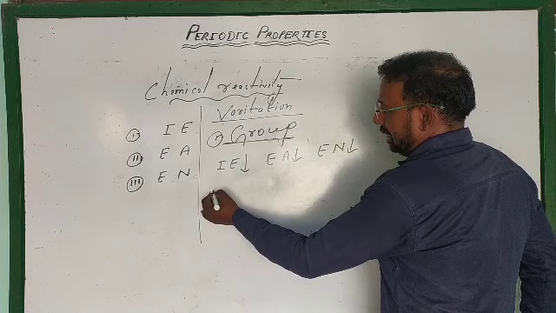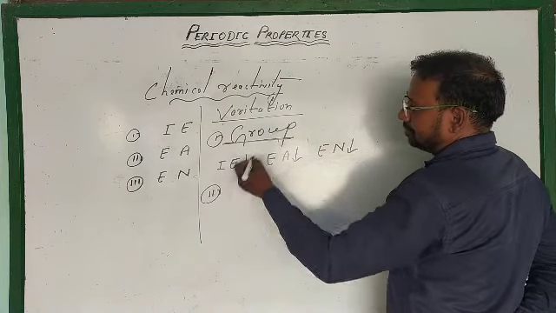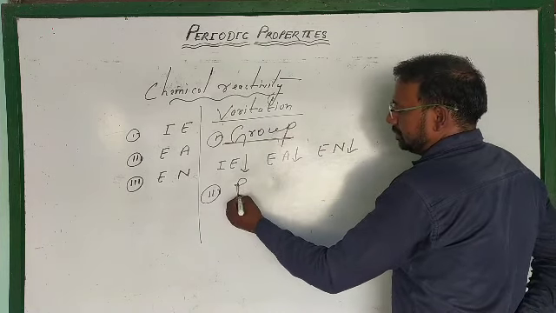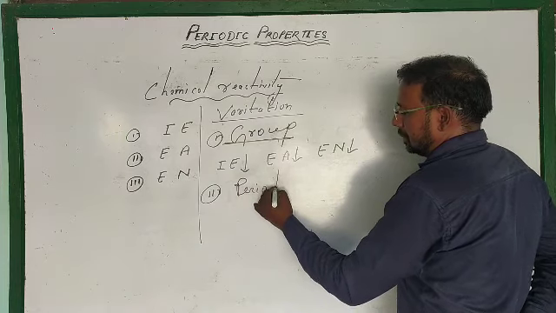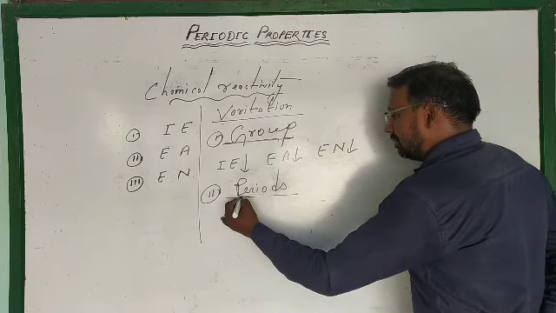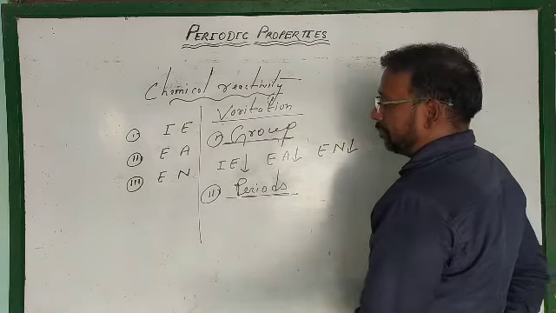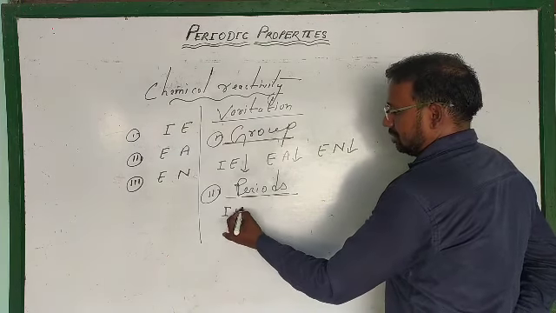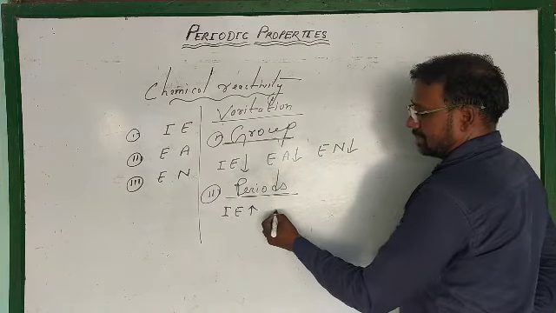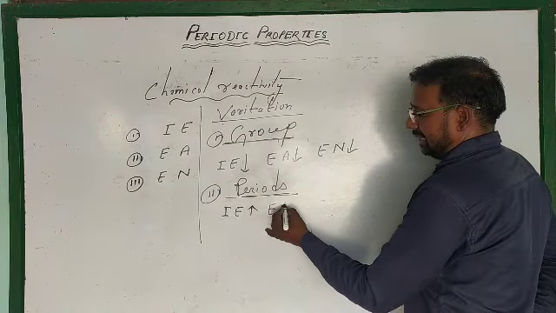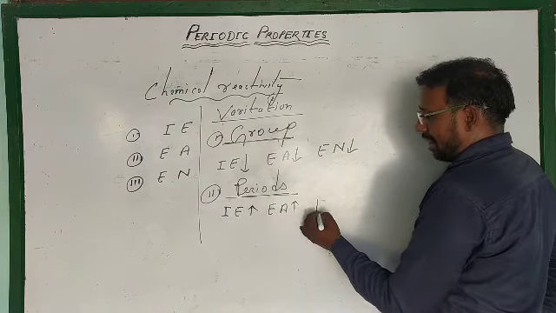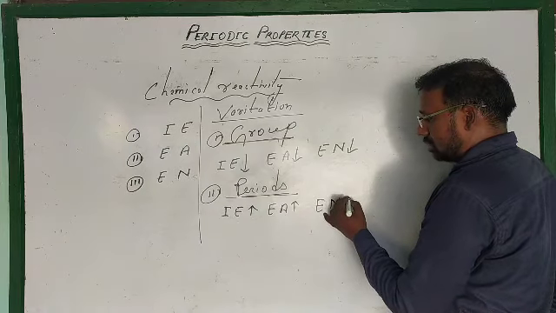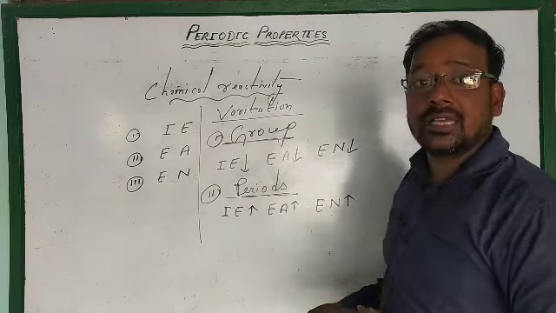And the second term is the period. When we move in a period from left to right, the value of ionization energy increases, the value of electron affinity also increases, and the value of electronegativity also increases. Why does it increase?